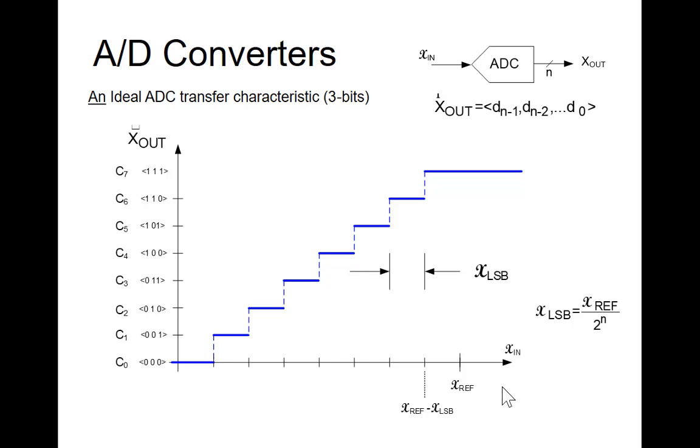It could be something else, but if it's 1 LSB, then the last transition is going to occur at XREF minus 1 LSB. So this is much like what happened in the DAC. The inputs from XREF minus 1 LSB on up to as big as you want, ideally, will all be 111s.